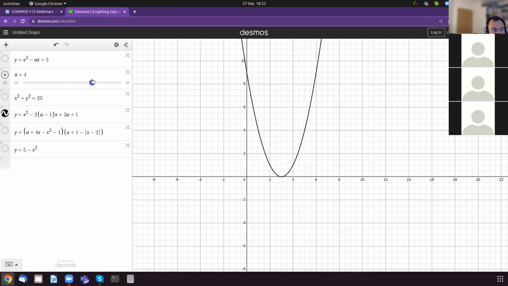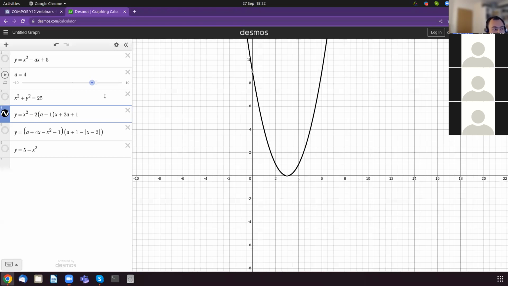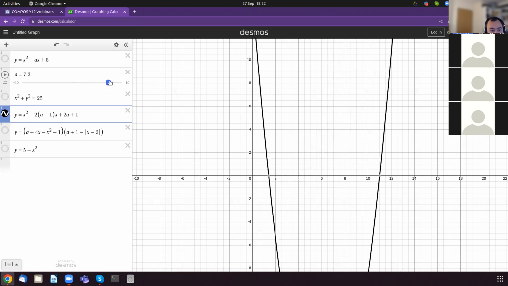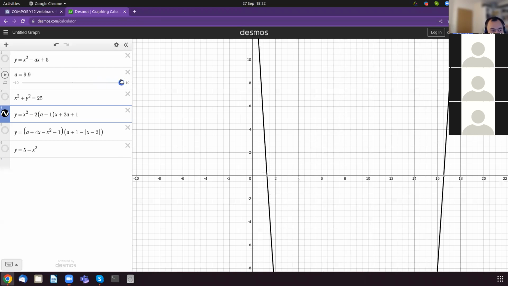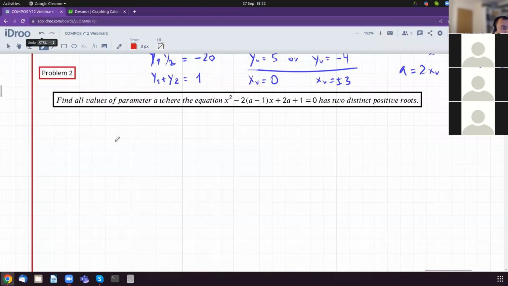So when a is 2, it doesn't cross at all. So keep shifting, shifting, shifting. Aha. So when a is 4, there is 1 point, so there's one root. And when a is greater than 4, you can see it crosses twice, so you can write right away: a is greater than 4.